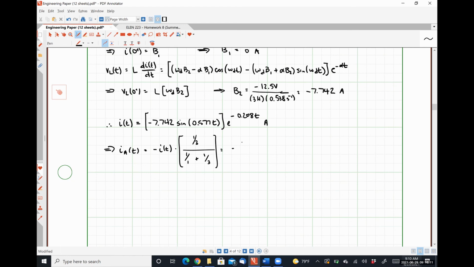So negative I of T over 4. So that's going to look like positive 1.935 sine 0.577 T e to the negative 0.208 T amps.